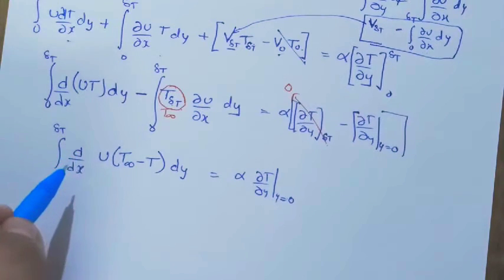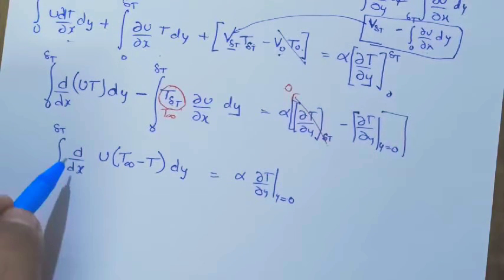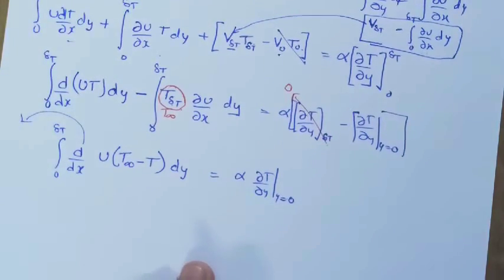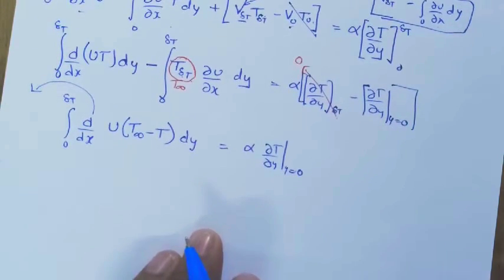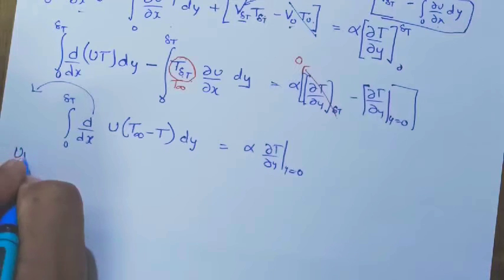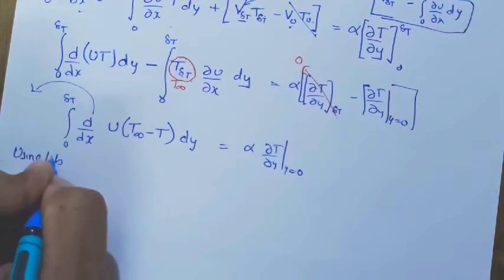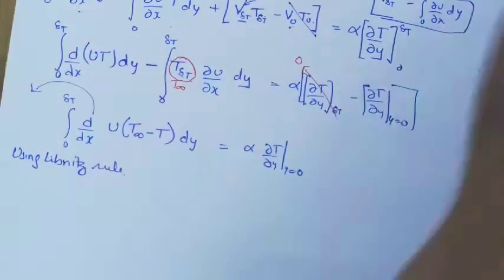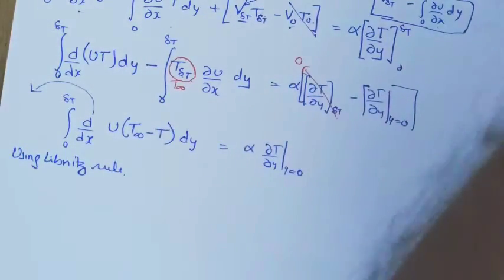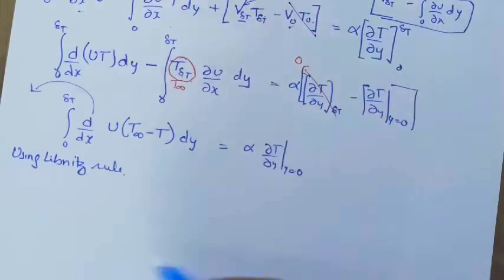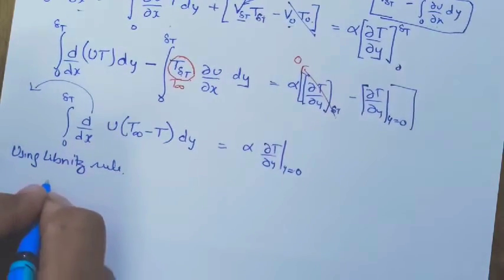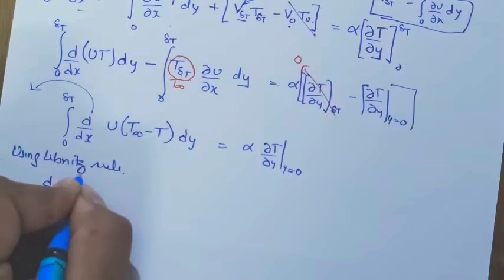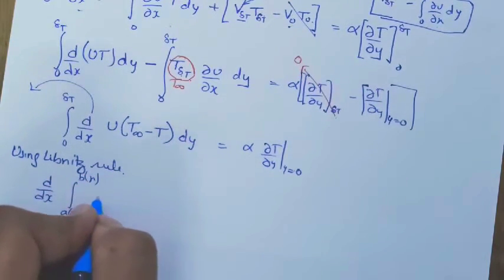Now again, the same thing we did in the hydrodynamic boundary layer, we'll take this differentiation out by using the Leibniz rule. Now, what does the Leibniz rule say? Again I write it.